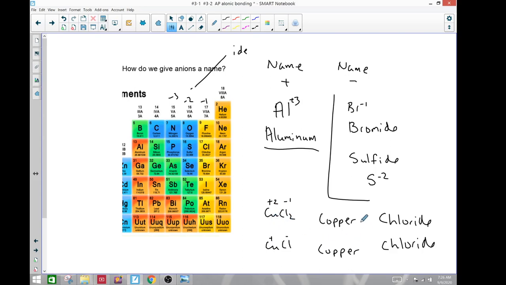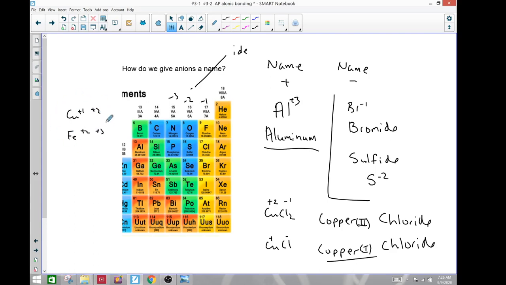We call this guy copper 2 and copper 1. That's literally the name of this thing, copper 1 and copper 2. So because there's more than one version, they indicate the charge. Okay. The most common options of these guys, and there are lots of them, ones that I don't know all of them, but Cu +1, +2, and iron is +2 and +3.